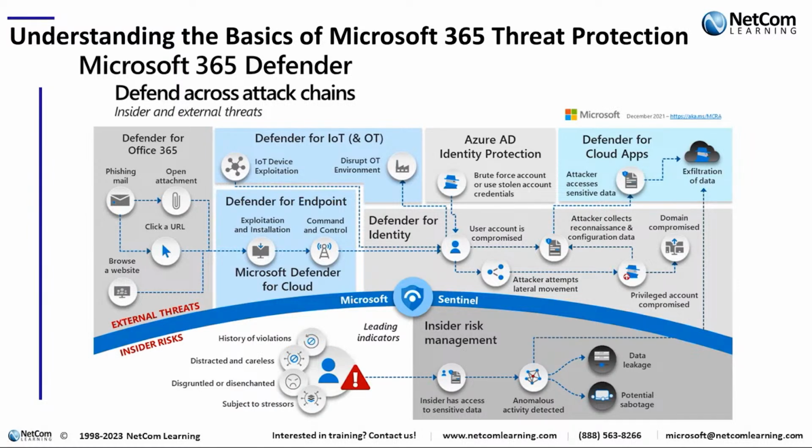If you look at the slides or the arrows on the top part, on the external part of the network, you'll see that everything is slightly interconnected, right? So we have a phishing example: we may have a phishing email that has a URL in it that might install some sort of exploitation tool, which will then allow them to take control and ultimately compromise the user account, which then gives them access to all sorts of other things.